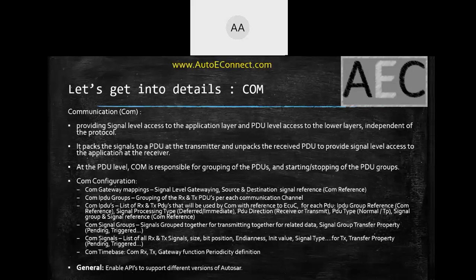If you take the list of all the RX PDUs, and one of the messages is being transmitted at 1 millisecond, and the rest of, let's say, 100 RX PDUs are all being transmitted at 100 milliseconds, then for this one particular PDU we will have to run the COM RX indication related function at 1 millisecond, which will abruptly affect your CPU load.